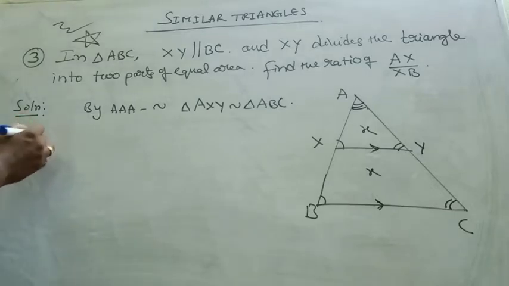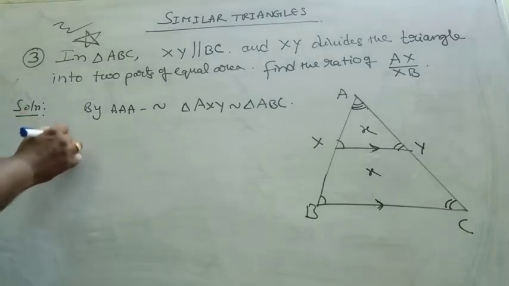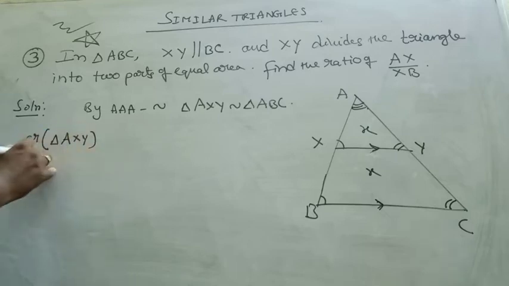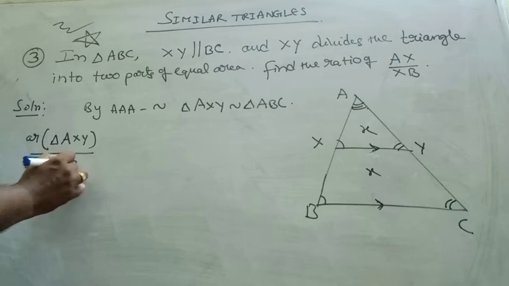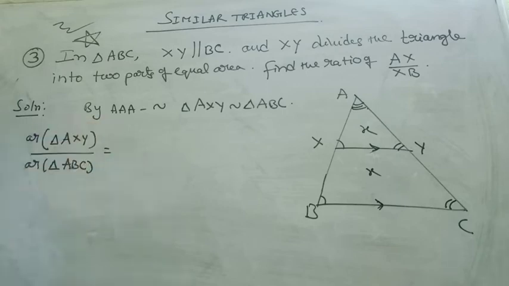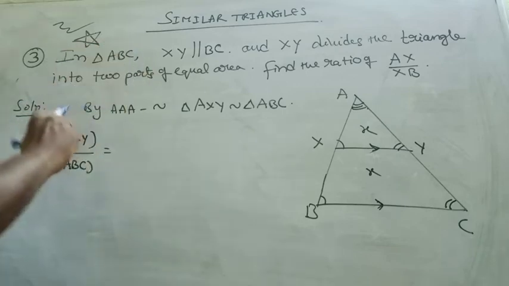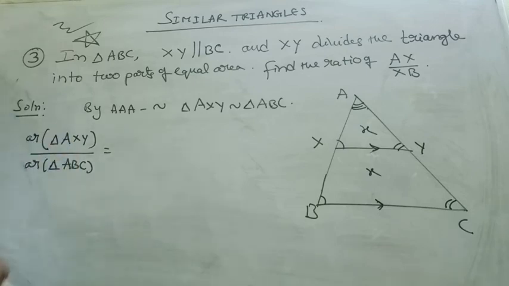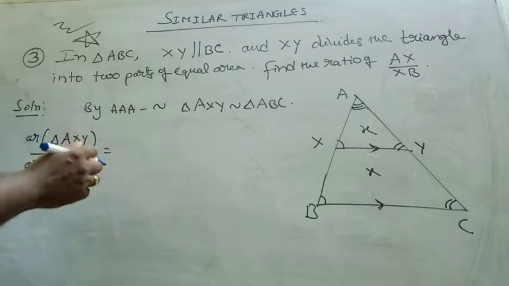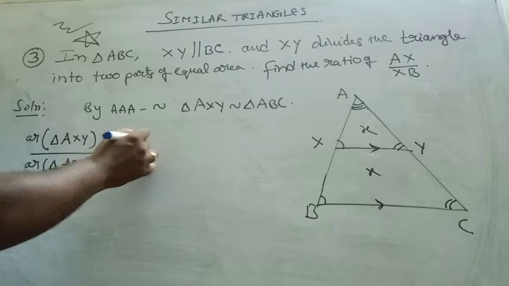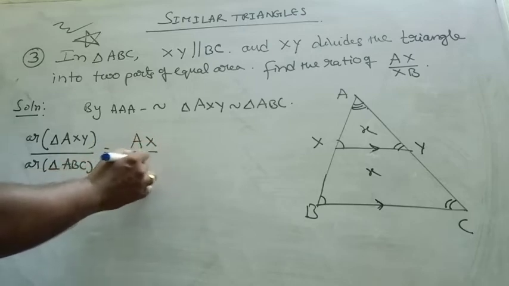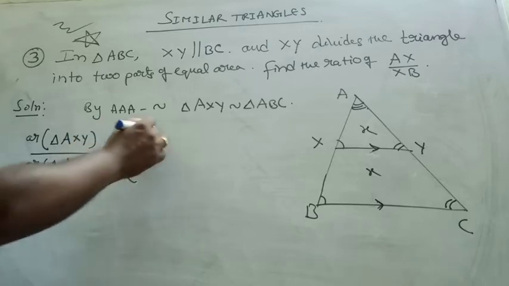Therefore, my dear students, the area of triangle AXY divided by the area of triangle ABC is equal to, once both triangles are similar, the square of their corresponding sides. That means (AX by AB) whole square.